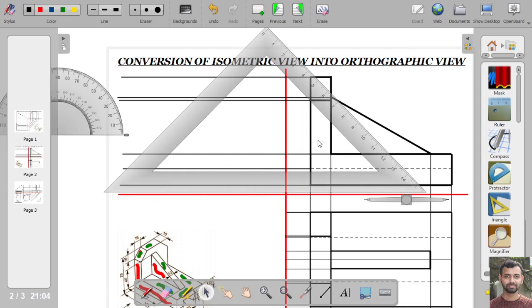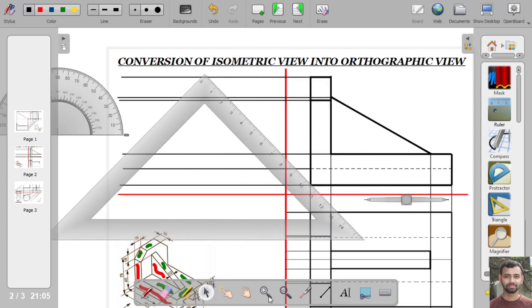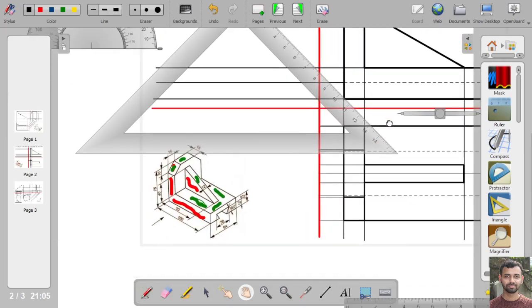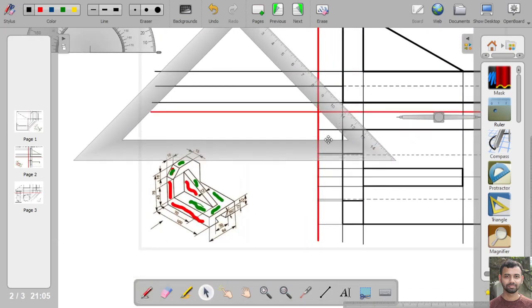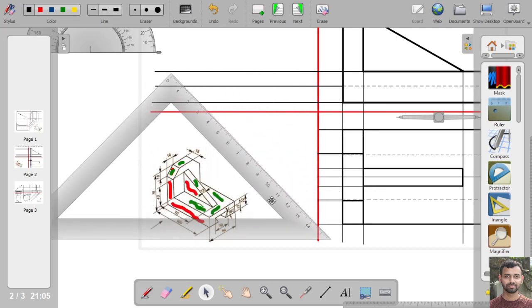Okay. Now we will project all these points.